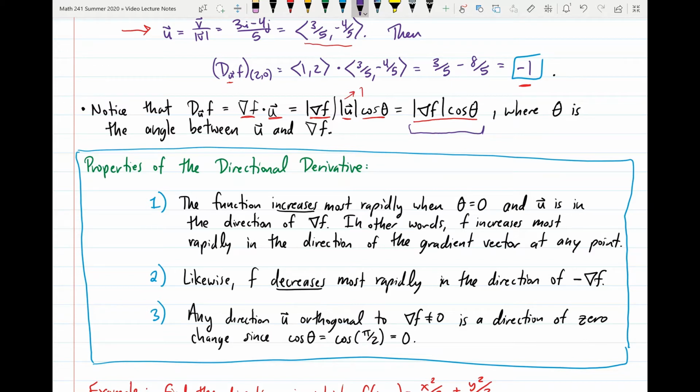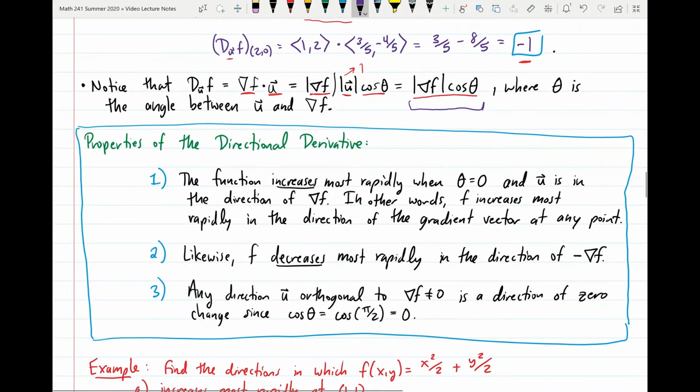And that expression will be minimal when cosine of theta is equal to minus 1. And for cosine of theta to equal minus 1, we need theta to equal 180 degrees, or pi. And for that reason, this gives us that f is going to decrease most rapidly when we're going in the opposite direction of the gradient vector, because we want the angle between the gradient vector and our unit vector giving us the direction to be pi.